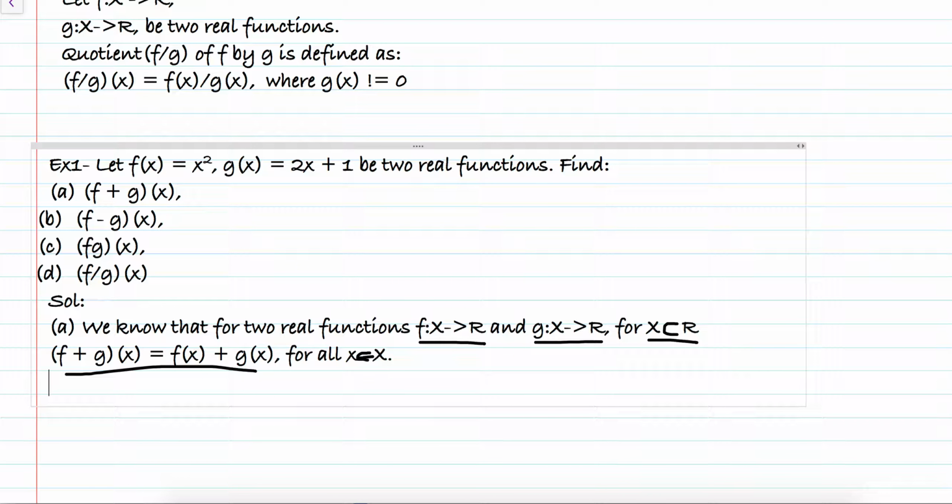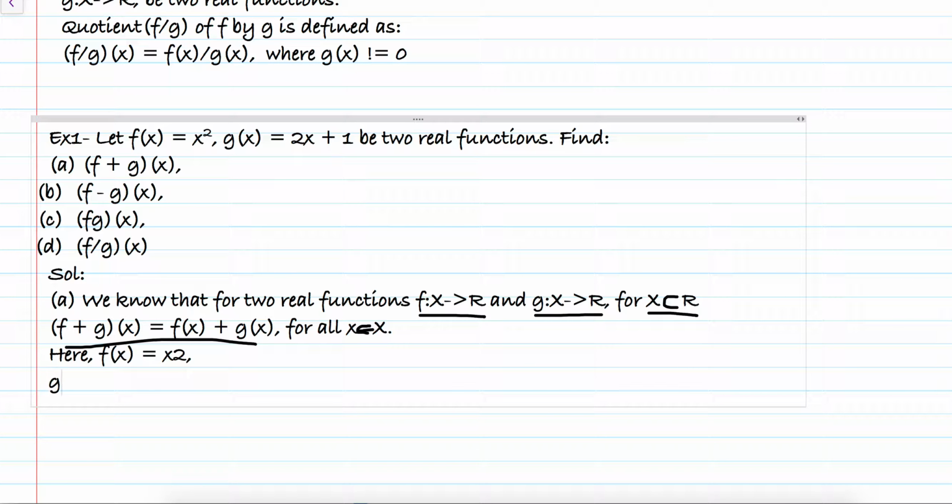And we can also write here f(x) equal to x square, g(x) is equal to 2x plus 1.